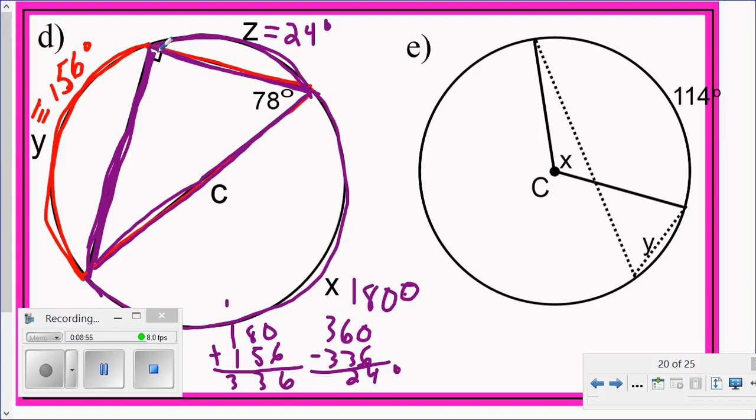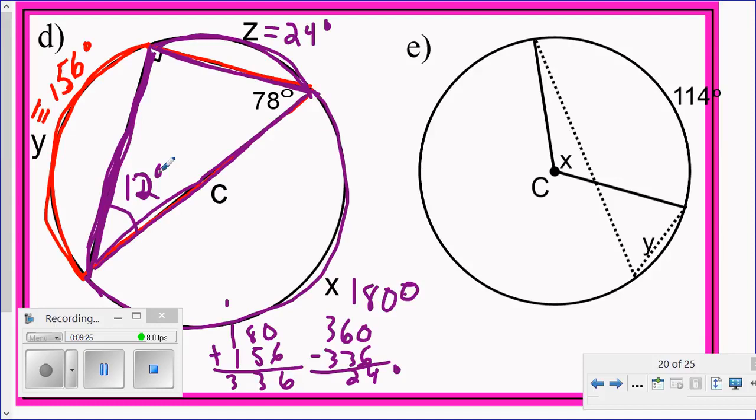So I could get that angle by adding the 90 and the 78, subtracting from 180 because there's a triangle there, and getting that angle, which would be 12. And then doubling 12 to get Z, which is 24. Okay, now I think that would be a little bit more work, but we could do that if we had to. All right, let's take a look at the next example.